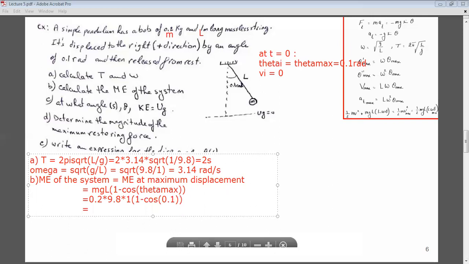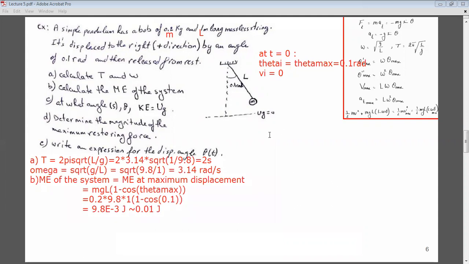Okay, this will give me 0.2 times 9.8 times 1, and then you open brackets 1 minus cosine 0.1, and you get the answer, approximately 0.01 joules. Okay, so that's part B.